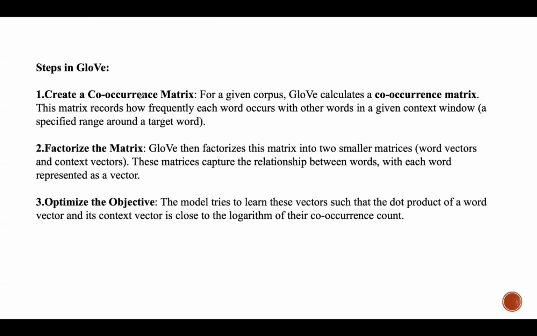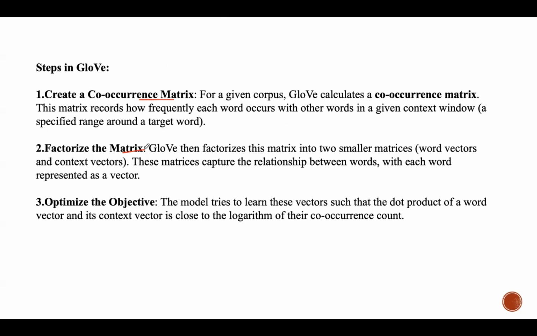One is to create a co-occurrence matrix. The algorithm first constructs a word co-occurrence matrix, which counts how often words occur together within a specific context window in a corpus. Then factorize the matrix. GloVe minimizes a loss function to factorize the co-occurrence matrix into lower-dimensional word embeddings.